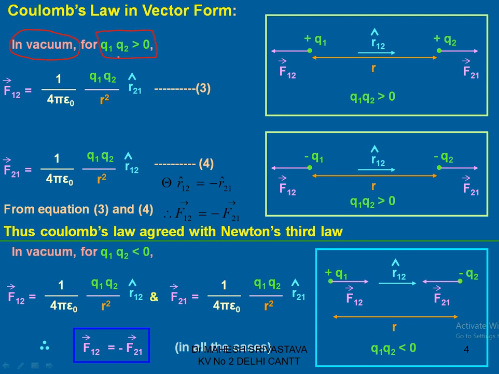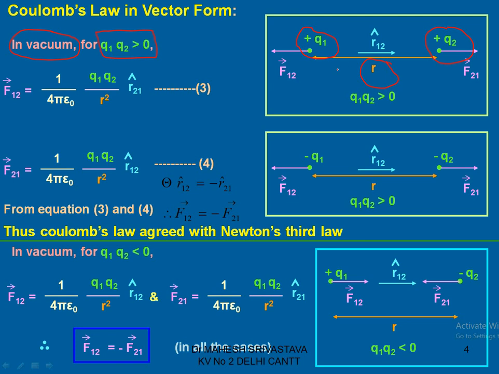So when the product of the magnitude of two point charges is greater than 0, it means both the charges are positive, or you can say both the charges are negative. So here we have taken both the charges positive, one is Q1, another one is Q2, and they are separated by a distance r.